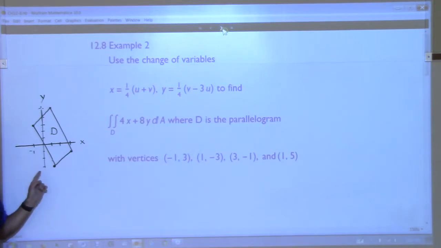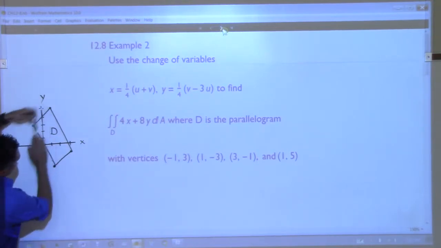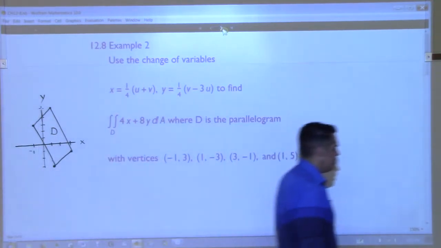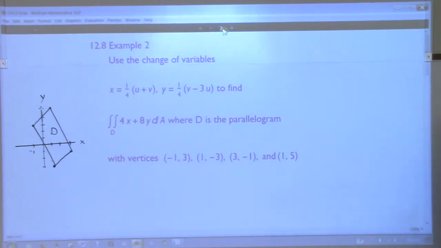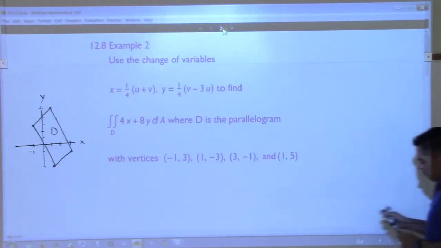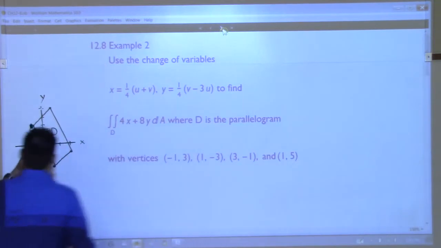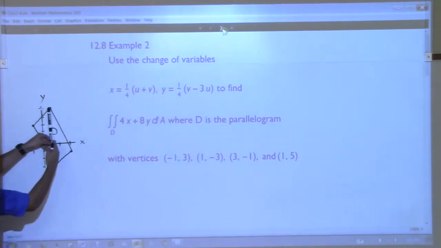Okay, so we're supposed to integrate over this region. And do y'all see why that might be problematic? It's not a type 1. It's not a type 2. It's not a polar region, right? Now, we could split it up. We could probably do this if we split it here and looked at the right side.